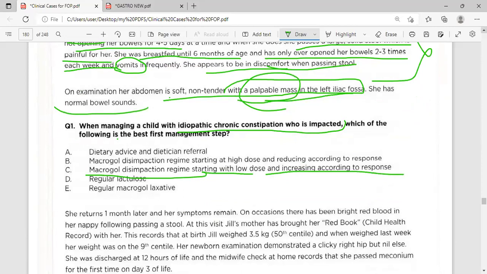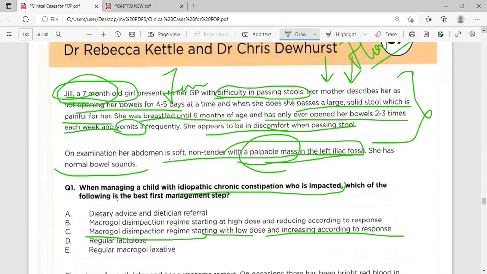So our child has come with impaction, we have to disimpact her, and she has constipation. What is the first treatment we are going to give? We have to give a macrogol disimpaction regime, starting with a low dose and increasing according to response. I think we did this in the last class, from the guidelines.